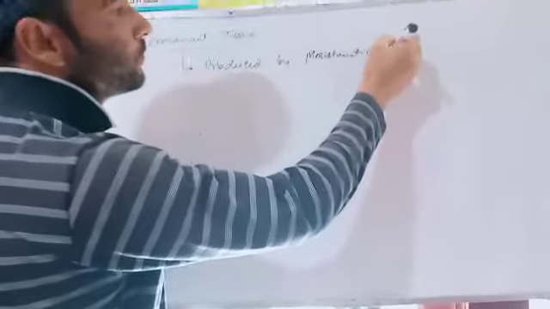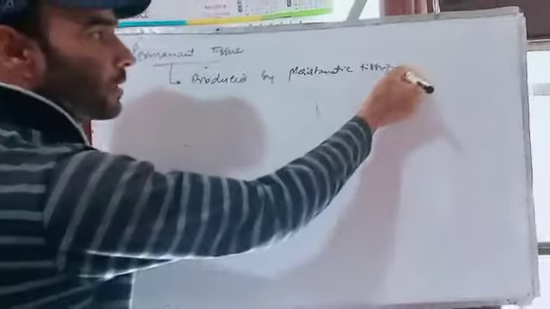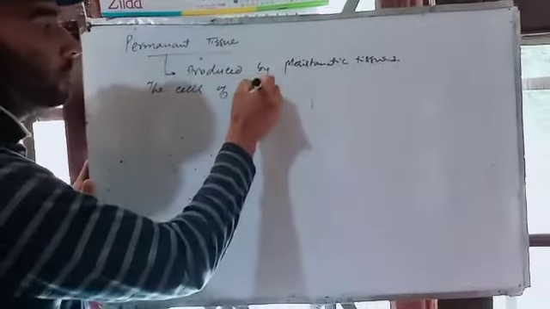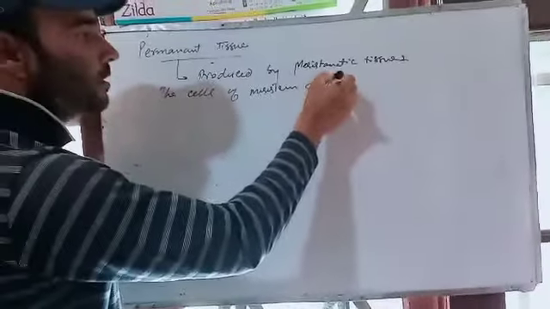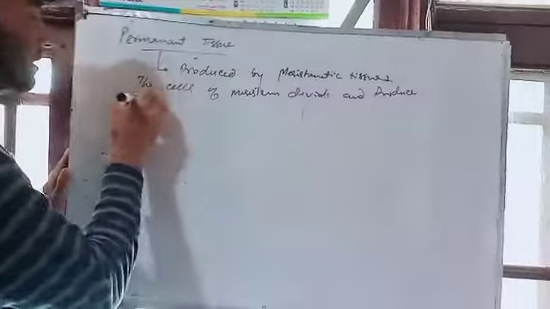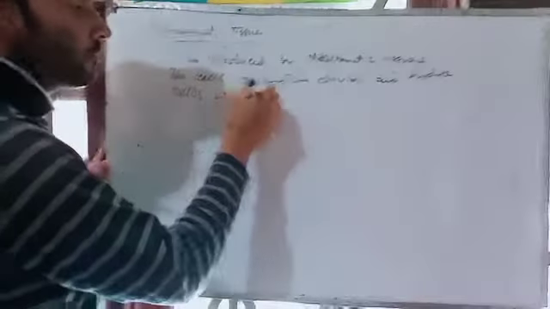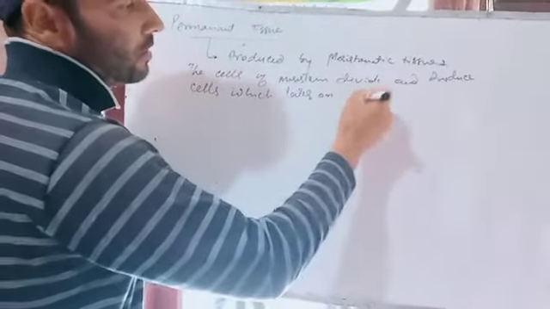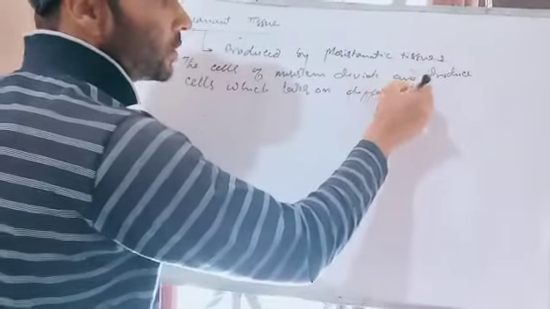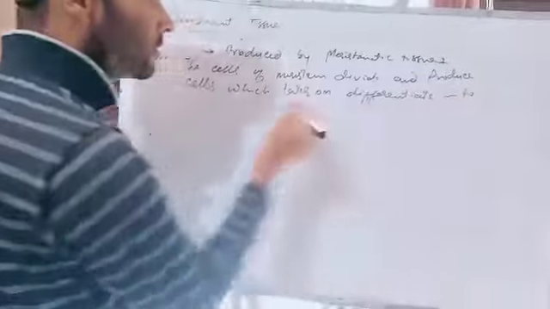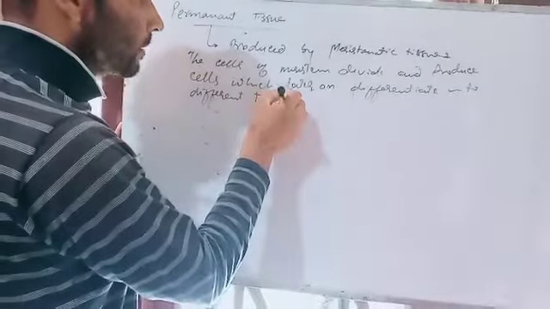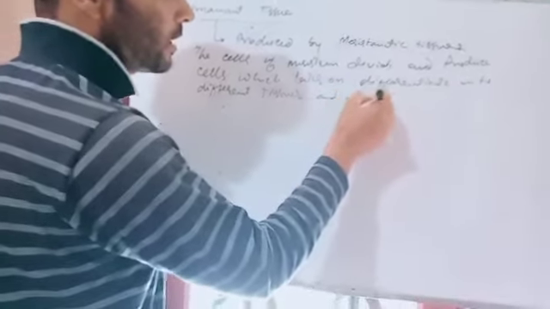The cells of the meristem divide and produce cells which later on differentiate into different tissues and attain particular functions.